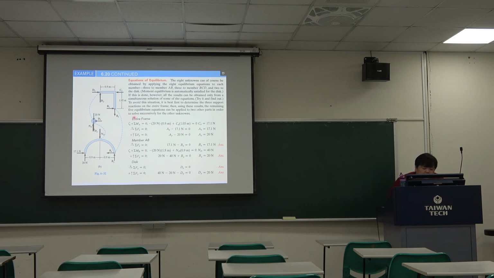So we can focus on the entire frame first, and put the moment point at the point A, then do the summation of x, the summation Fy equal to 0, then we can get this answer. I think the same concept applies to the member AB and this, then we can get the answer.